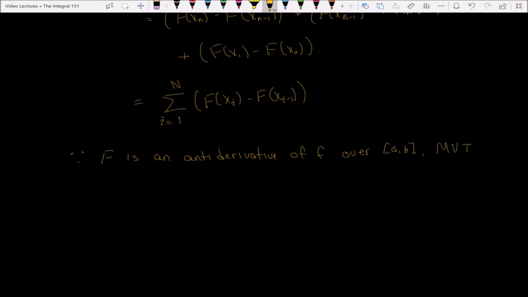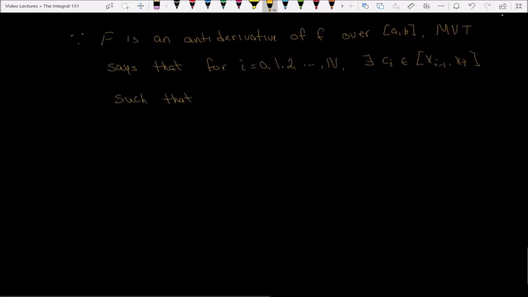the mean value theorem suggests that for i equal to 0, 1, 2, up through n, there must exist a c sub i within the interval x sub i minus 1 to x sub i, such that F of x sub i minus F of x sub i minus 1 is equal to F prime of c sub i times x sub i minus x sub i minus 1.